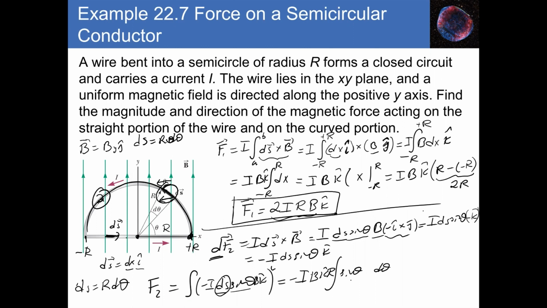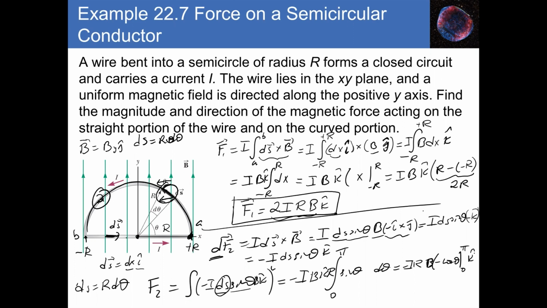Okay, and what I'm doing, the integral here is from point A to point B, which is nothing but going from 0 to pi. All right, so if I do this integral, the integral of sine theta is negative cosine theta. So what I will get from here is negative I R B, then negative cosine theta from 0 to pi, direction k hat.